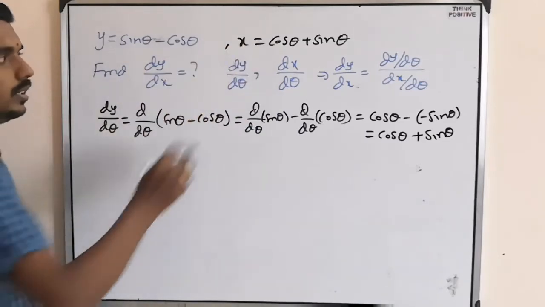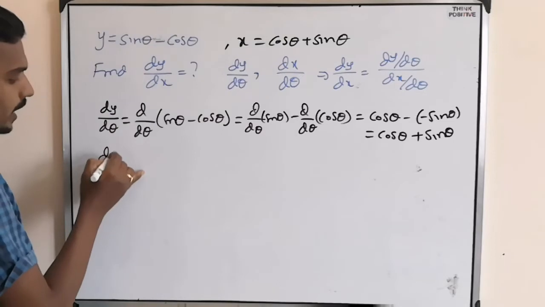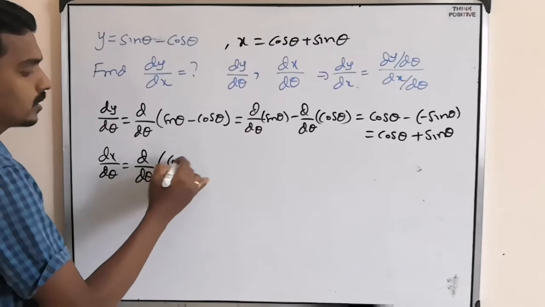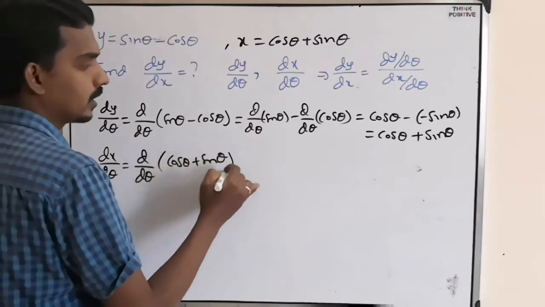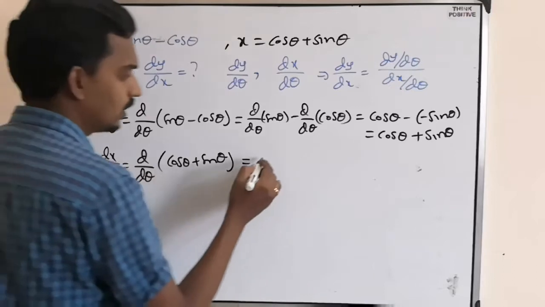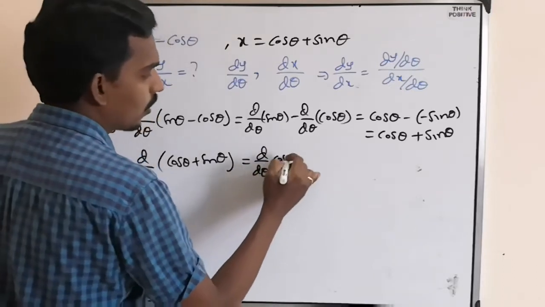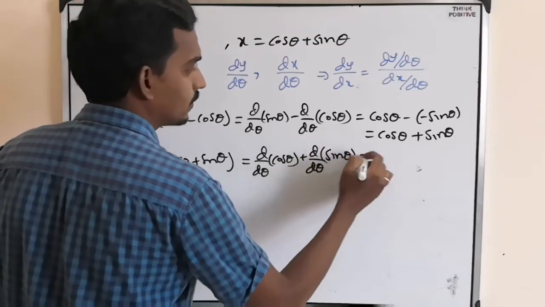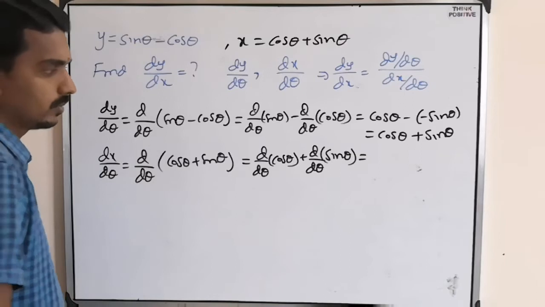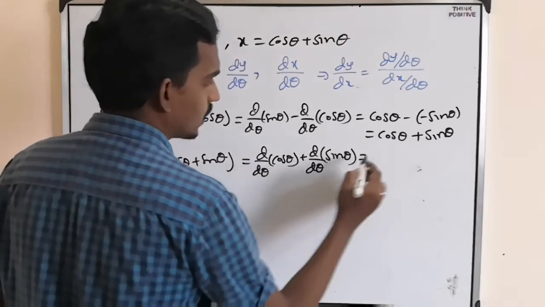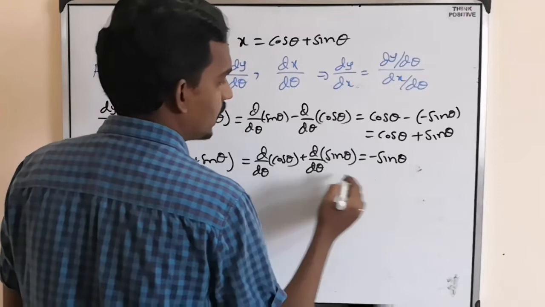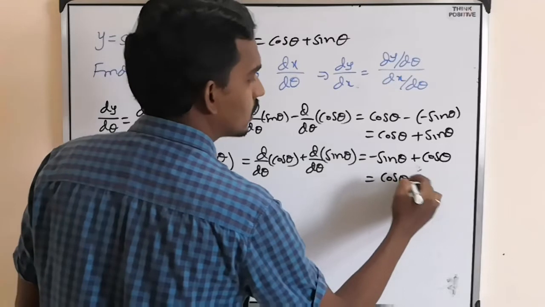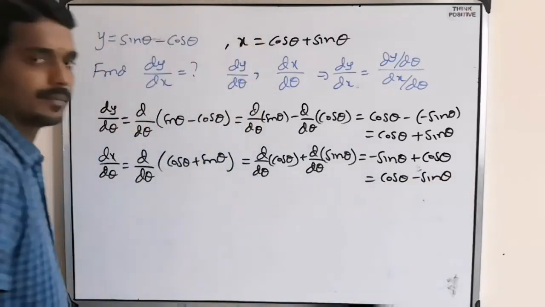Now for x, dx by d theta is d by d theta of cos theta plus d by d theta of sin theta. Now d by d theta of cos theta is minus sin theta, and d by d theta of sin theta is cos theta, so it is cos theta minus sin theta.